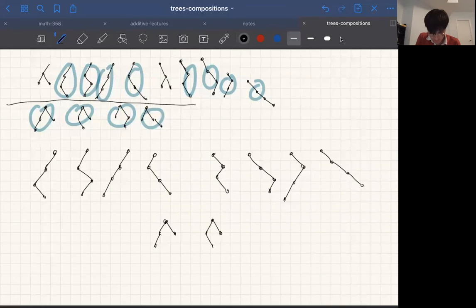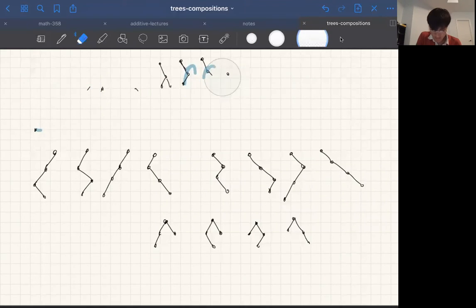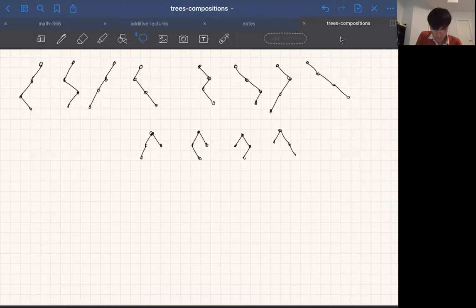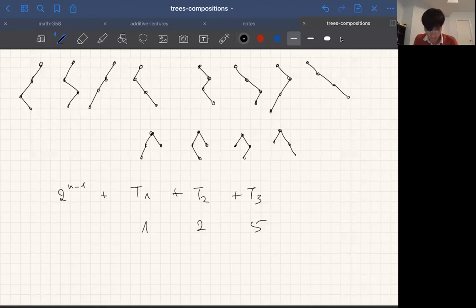There's this one, and last one. Okay, and then I can erase all this. So the breakdown is 2 to the n minus 1 plus T1 plus T2 plus T3. T1 is 1, T2 is 2, and T3 is 5.